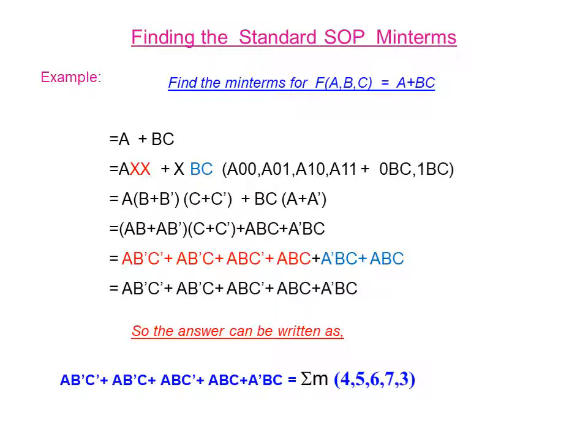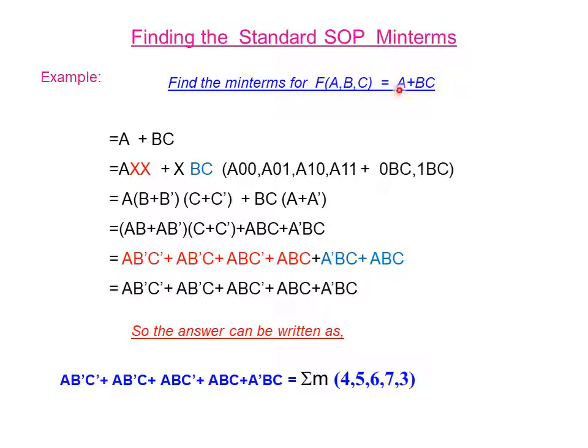Now let's see an example of how to obtain the standard SOP form. The given question is f is equal to a plus bc. The question has three variables, that is a, b, c. From the question itself we can see that the first term is a and the second term is bc.